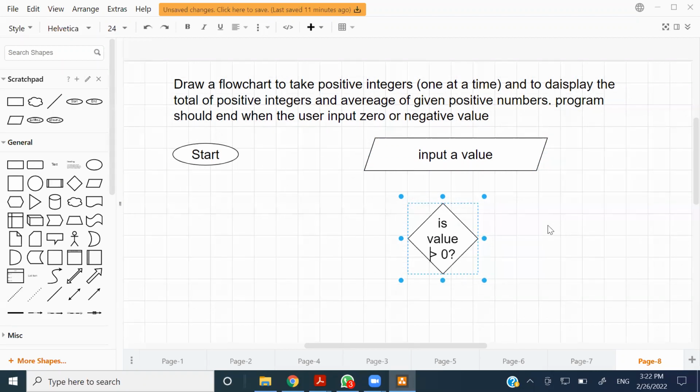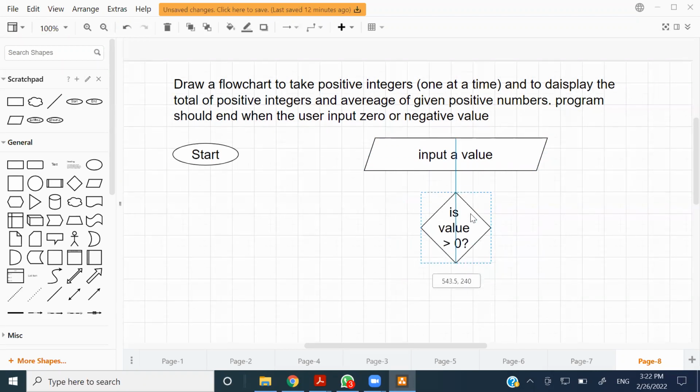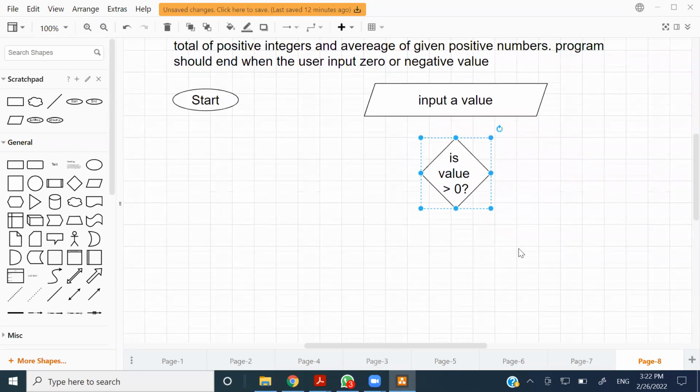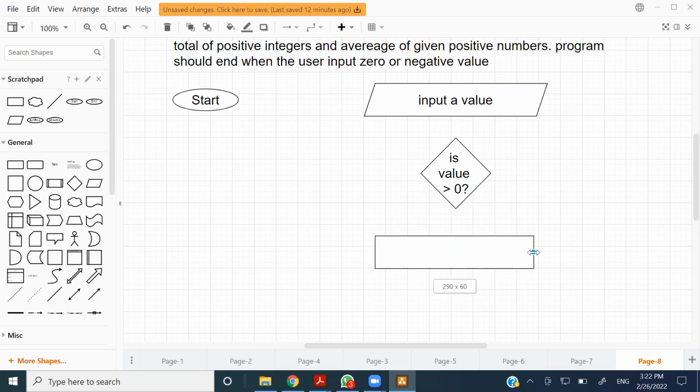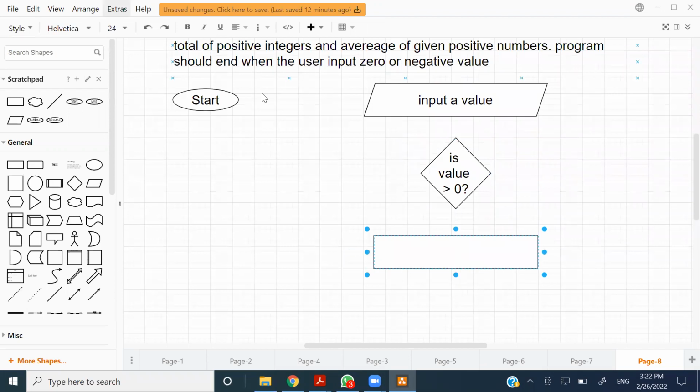So this is my question. Is value larger than 0? So if it is true, what should I do? If it is true, what should I do? What kind of a process should I carry out?